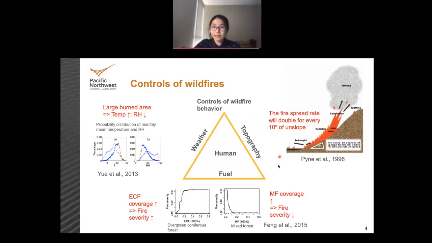Lastly is topography. Here I have a very simple example showing that the fire spread rate will double for every 10-degree increase of the slope. So that's how all these factors together control wildfires.